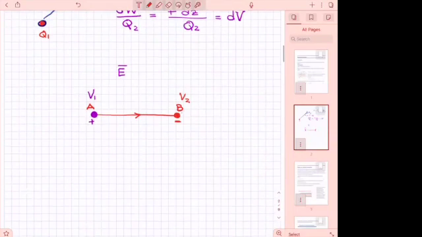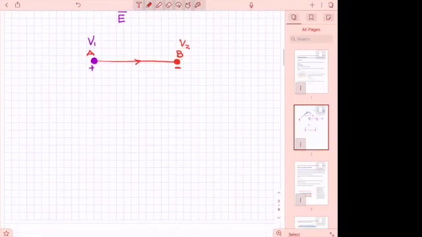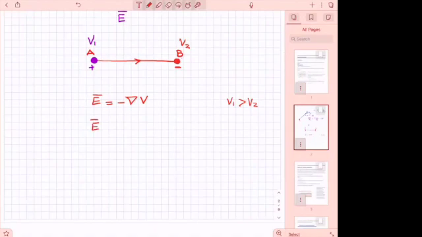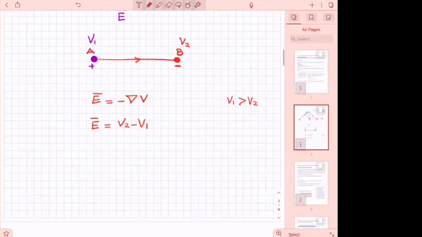All right. Now, what do they say in the expression? That this E field is the negative differential of the potential, which means that if V1 is larger than V2, the E field is going to be equal to V2 minus V1, negative of this, of course.